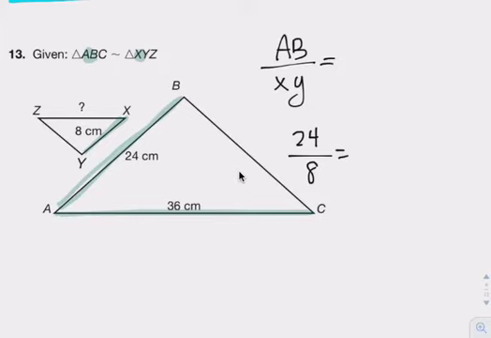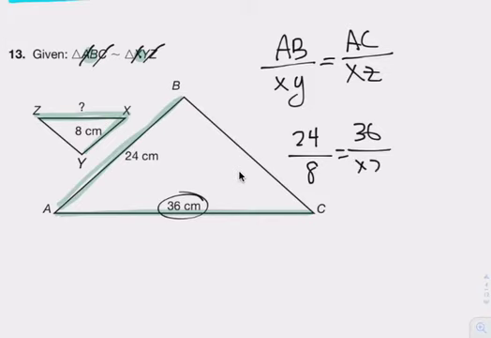AC over XZ. Let's look at XZ. Aha, that's our missing side. AC is 36, and XZ is our unknown side.